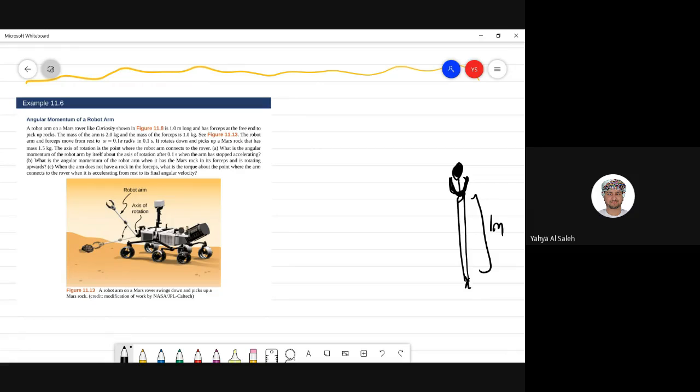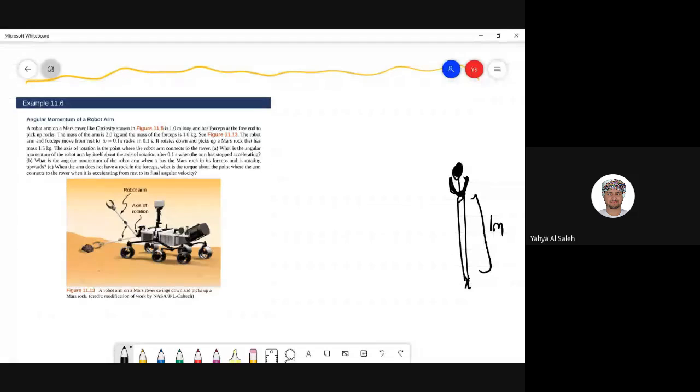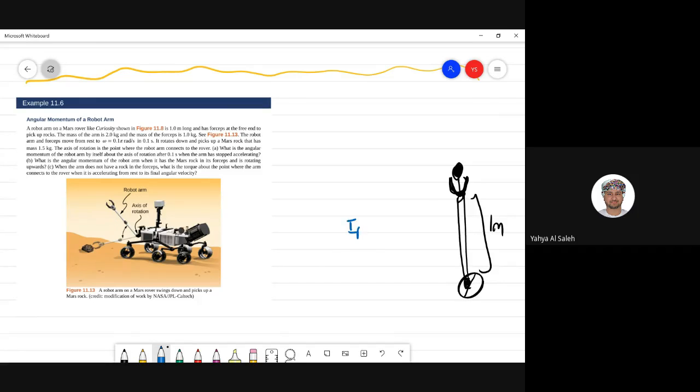So to look at the moments of inertia, I need to do some approximations. I'll look at the moment of inertia for the rod rotating about the end here. So I rod will be equal to 1/3 ml squared.